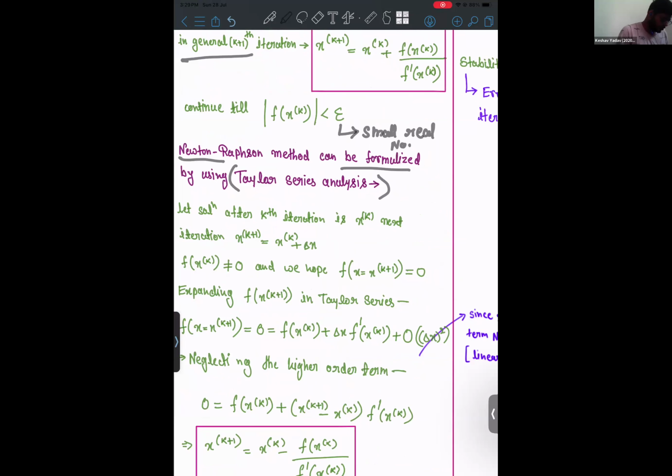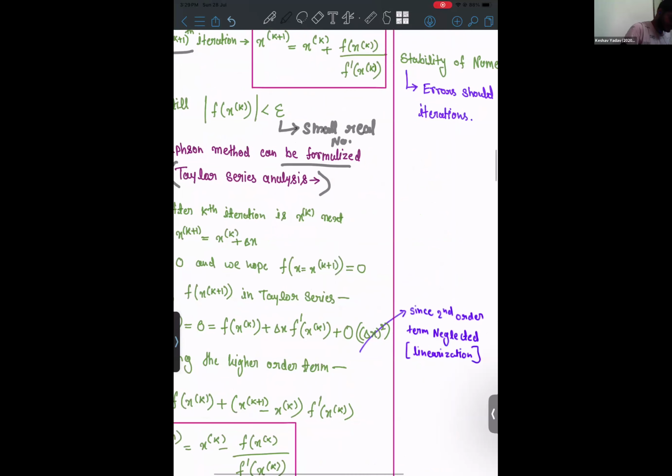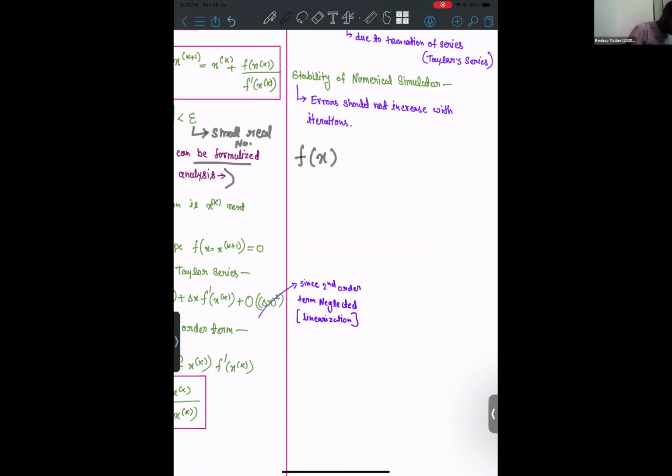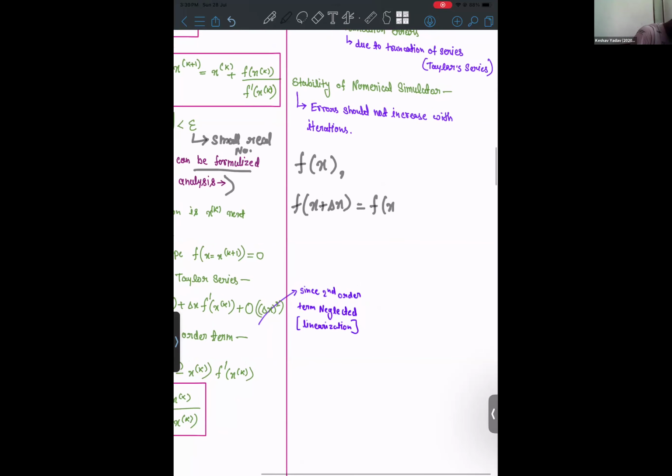So I can write here, if any nonlinear function f of x is continuous and n times differentiable, I can write the function value f at x plus delta x equal to f at x plus delta x multiplied by f prime at x, plus delta x square divided by 2 factorial multiplied by f double prime of x, plus dot dot dot.